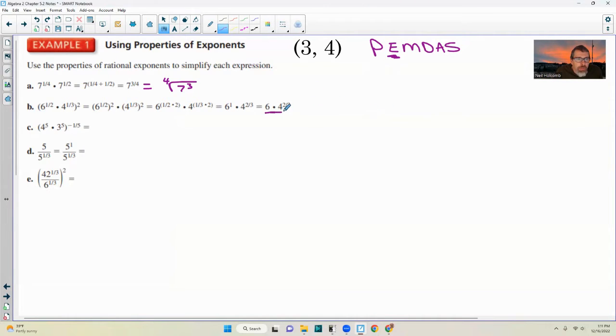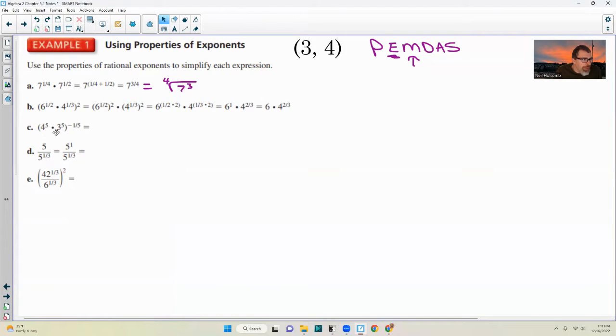You can't multiply 6 and 4 because multiplication comes after. So the order of operations says to do this first. So do not say 6 times 4 to the 2/3 is 24 to the 2/3. It is not. It's 4 to the 2/3, and whatever that comes out to be, you multiply by 6. Okay, so we'll just leave it at this for now.